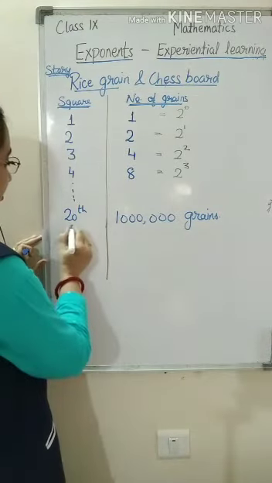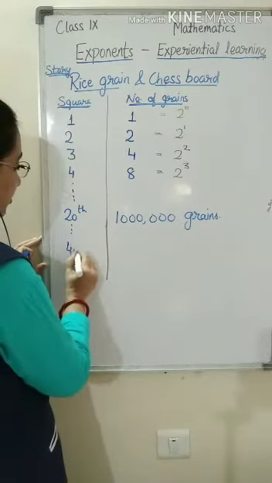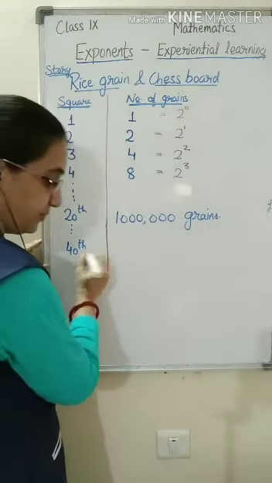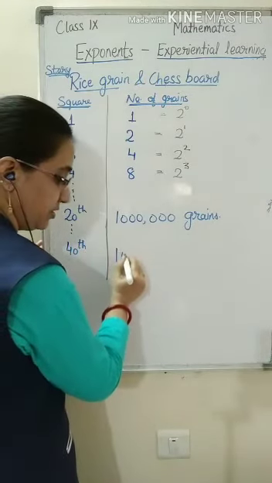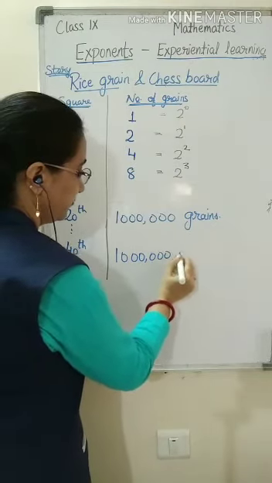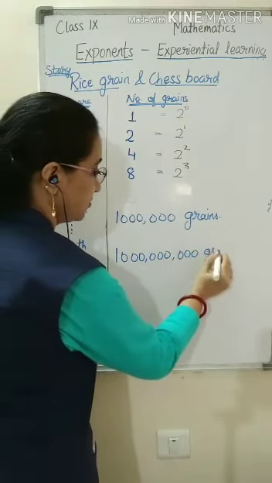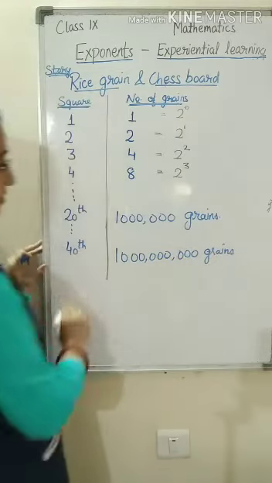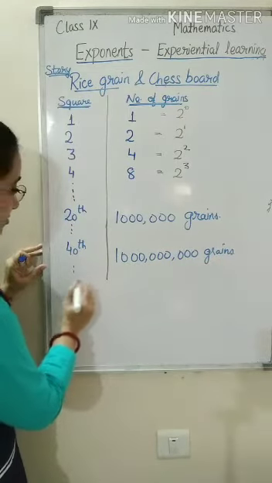Not just that, when they moved further, on the 40th square, the amount of grains increased to 1 followed by so many zeros, a huge amount, and so on further.